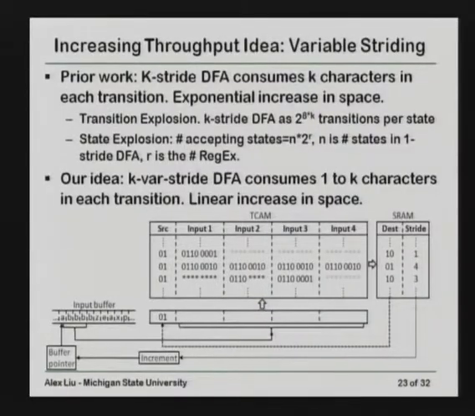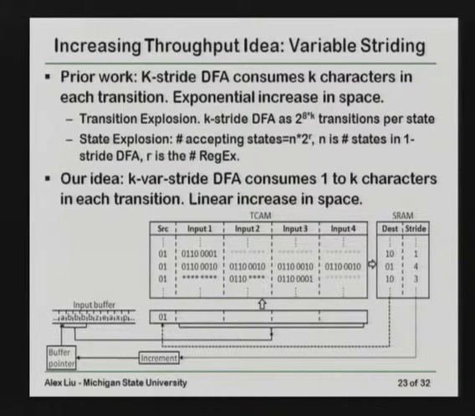Okay, so next I'll talk about the idea for increasing throughput. This idea is called variable striding. In previous work, people considered K-stride DFA. Every time they consume K characters in each transition, and this ends up with an exponential increase in space.